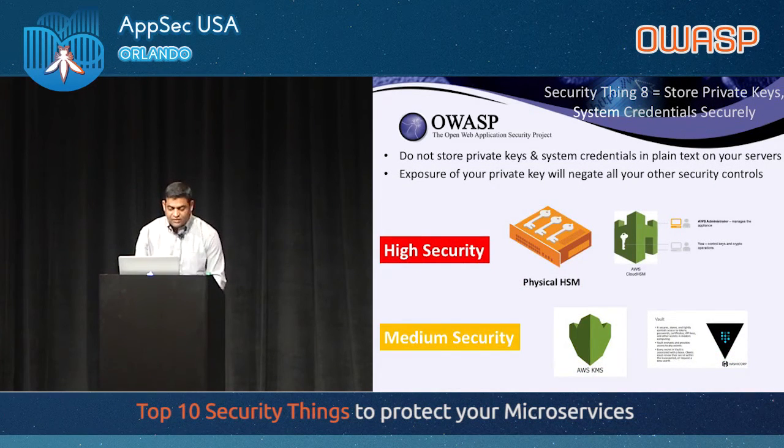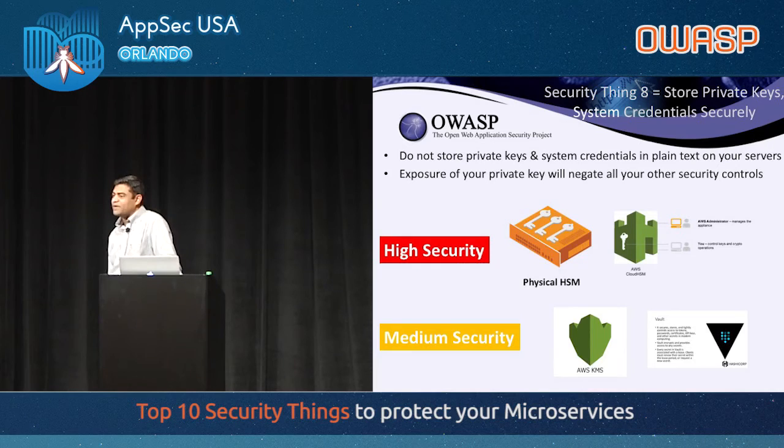OK, this is one of the very important things, right? What we have seen is that we have created very secure microservices. Based on the talk till now, we have all the customers coming through very secure TLS 1.2. We are authenticating them. We are authorizing them. We are looking at their access by logging. We are doing the rate limiting. We are doing everything.